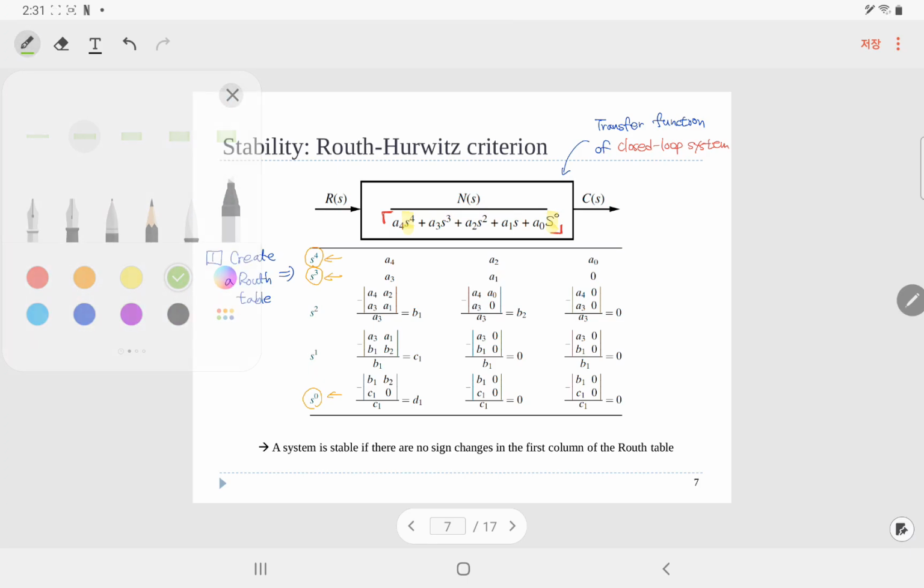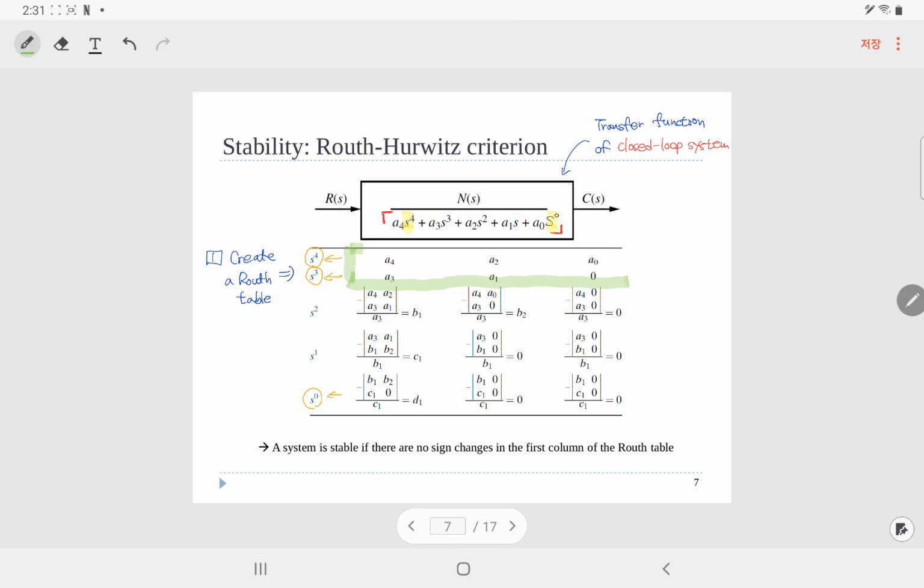These first two rows are filled by all coefficients of the denominator. And you can easily see that there is some pattern.